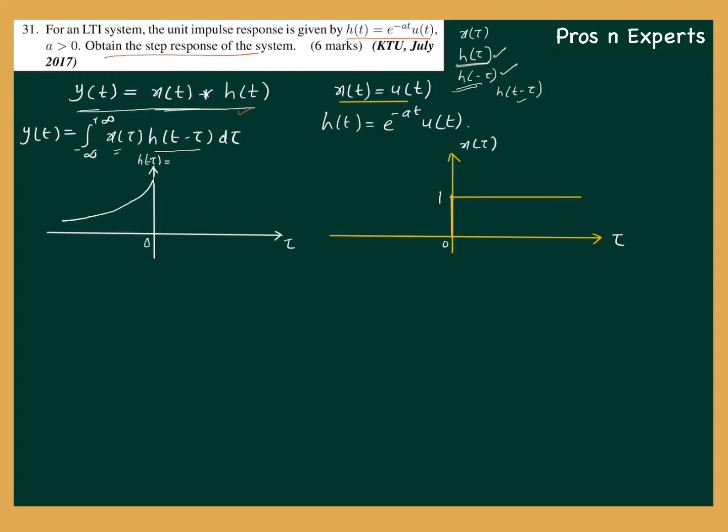What you have to find is h of t minus tau, initially for t very negative. h of t minus tau is obtained from h of minus tau by shifting it by t units. But since t is assumed to be large negative initially, h of minus tau should be shifted to the left side.